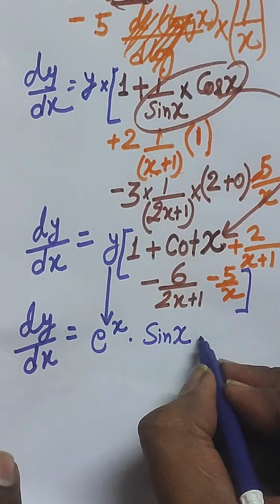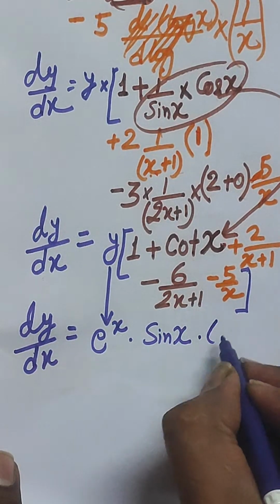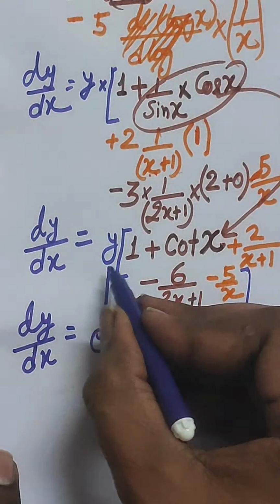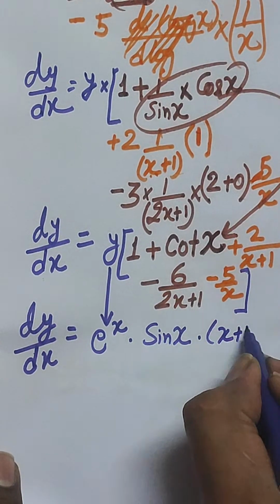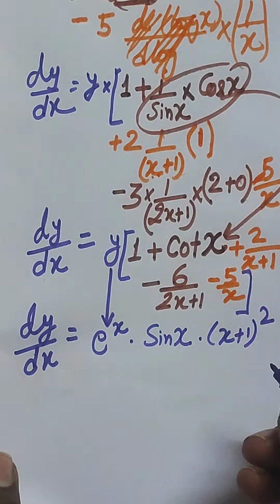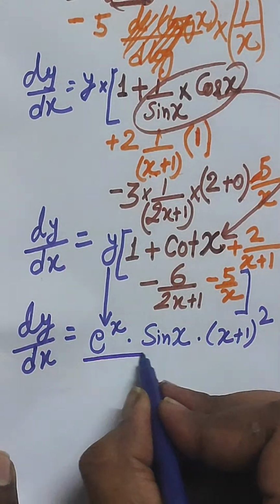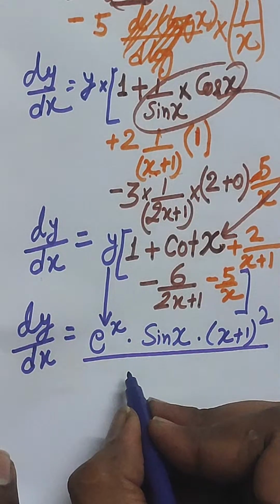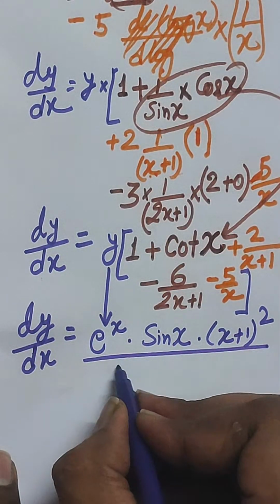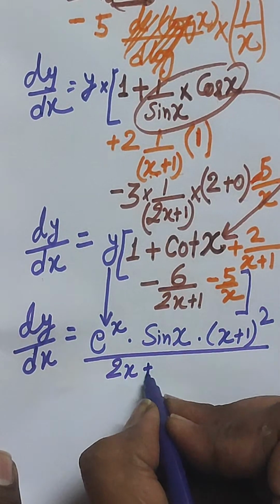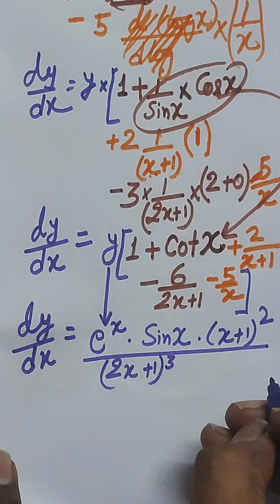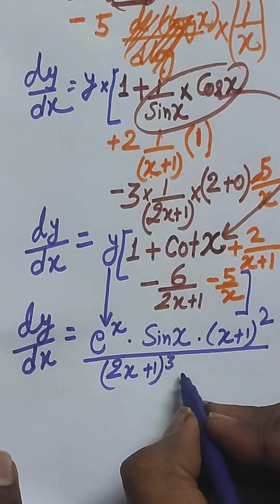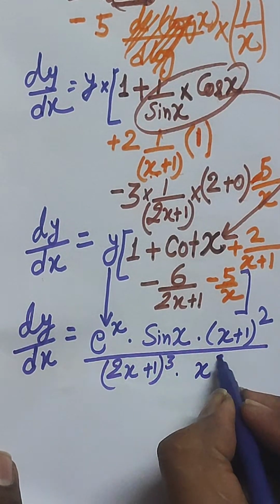This was the question, which I am writing again here, into x plus 1 whole square, divided by 2x plus 1 whole cube, into x power 5.